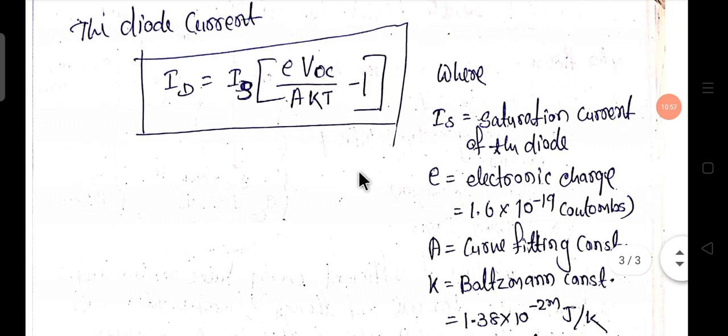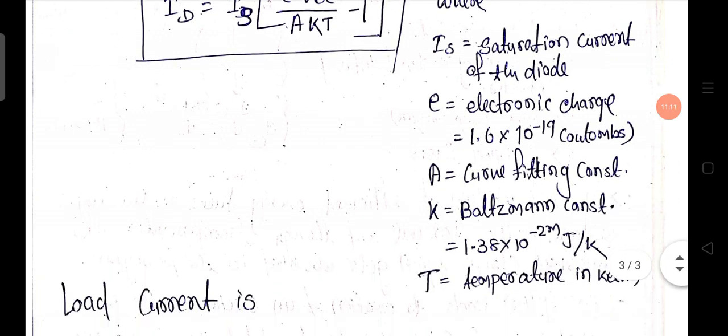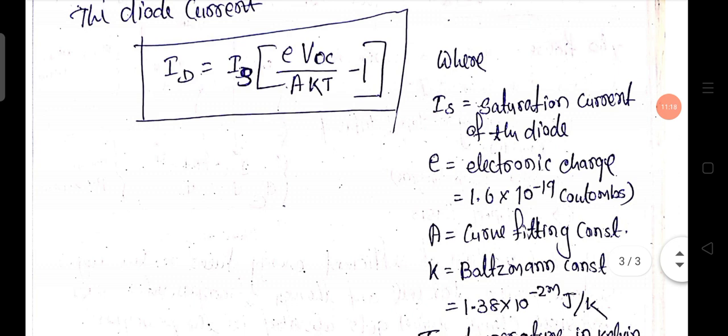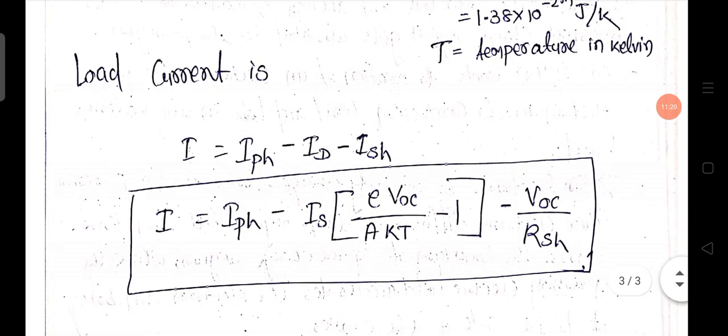Then A is the curve fitting constant. K is the Boltzmann constant, which is 1.38 into 10 to the minus 23 joule per Kelvin, and T is the temperature in Kelvin. Remember this formula for ID.